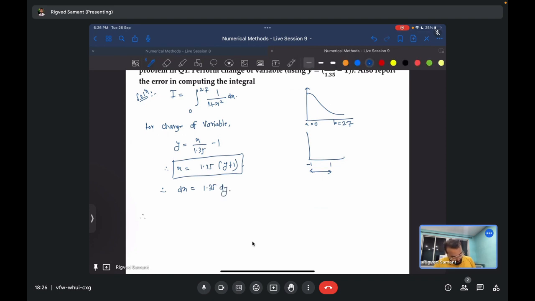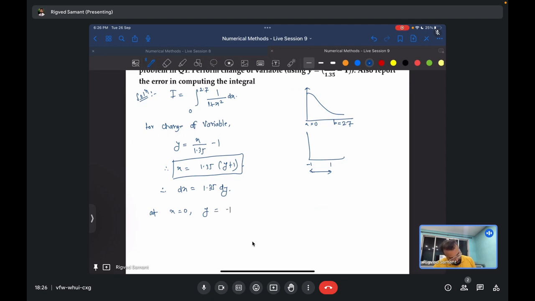So your integrand becomes, first you have to see what are your limits, right? At x is equal to 0, y is minus 1.